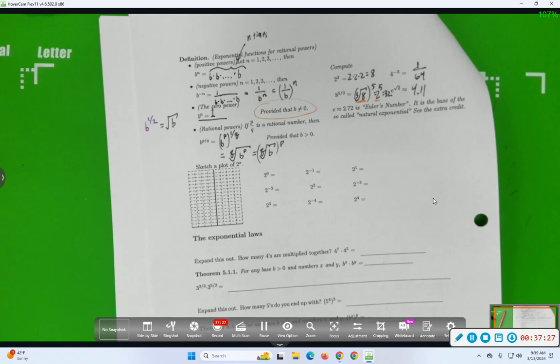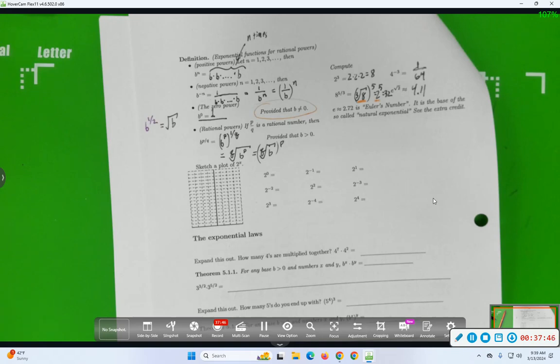And what is Euler's number? E is Euler's number. It's somewhere around 2.72. It has an important role, especially if you're doing something that has to do with exponentials. Euler's number is the base of the exponential that has the most natural growth rate.